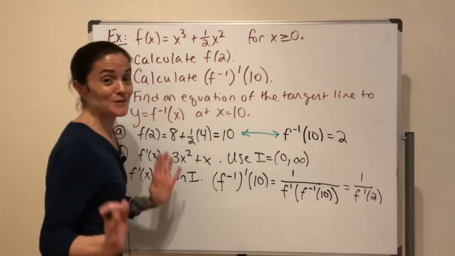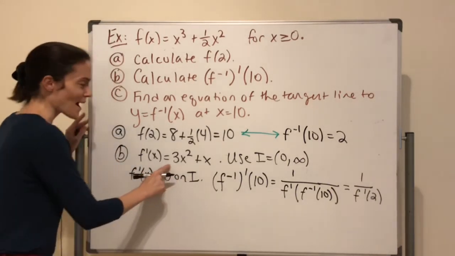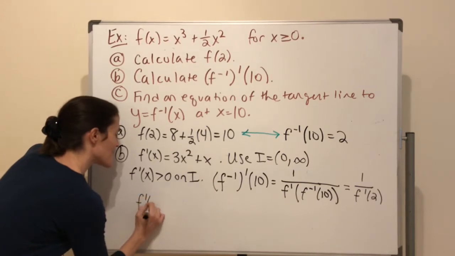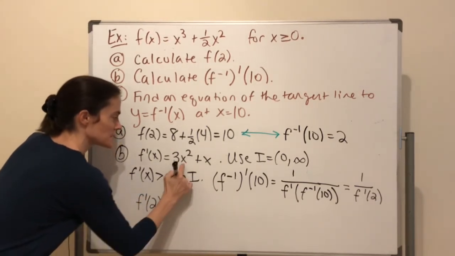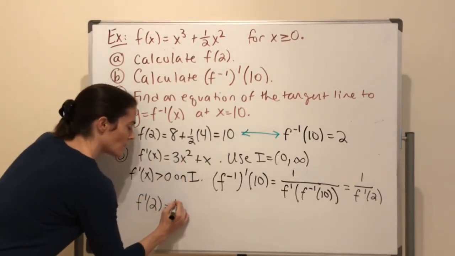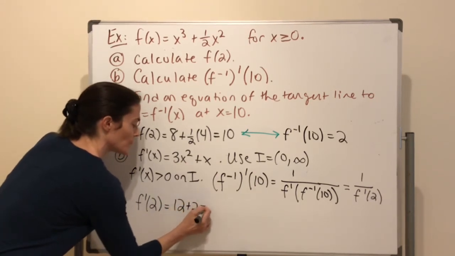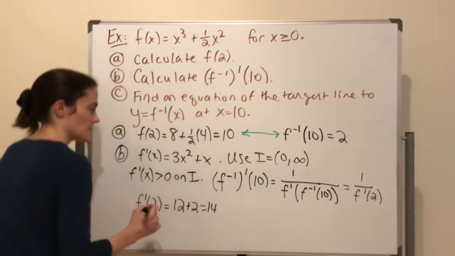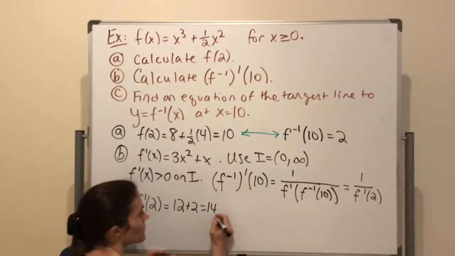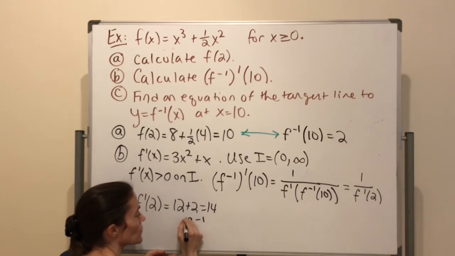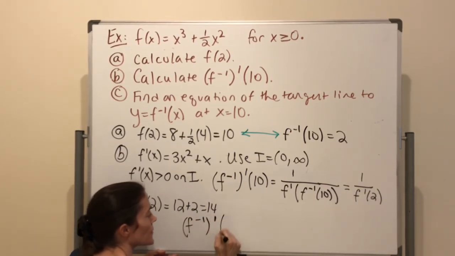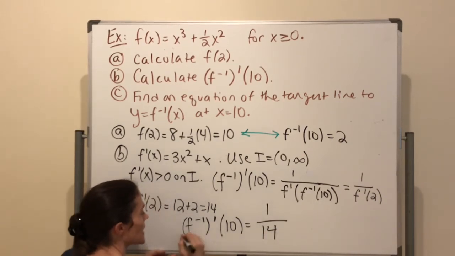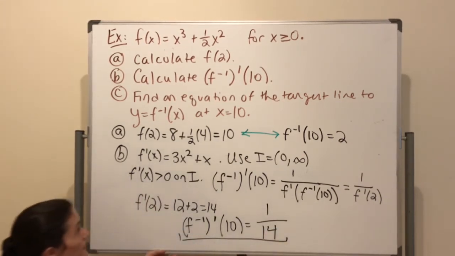Well, that's not too terribly bad. Here's f prime we may evaluate at 2. f prime of 2 is 12 plus 2, 14. And so f inverse prime at 10 is 1 over 14. Okay, this is the end of B.